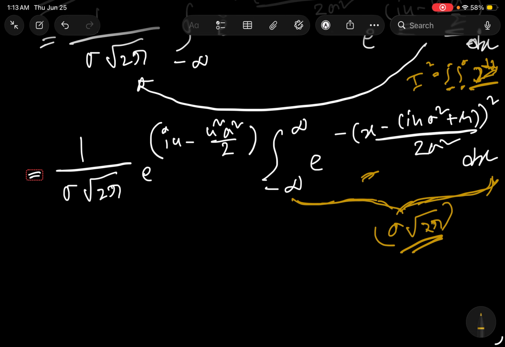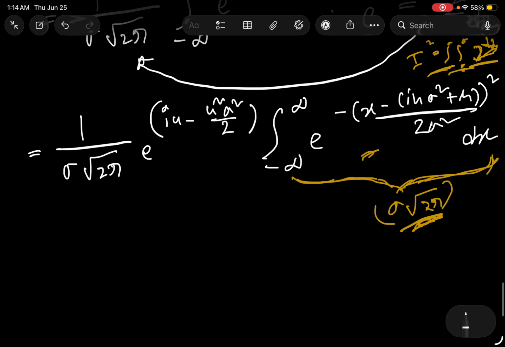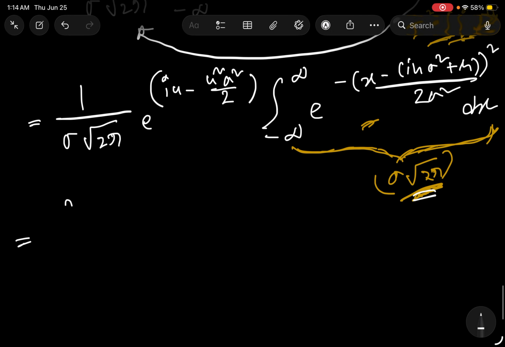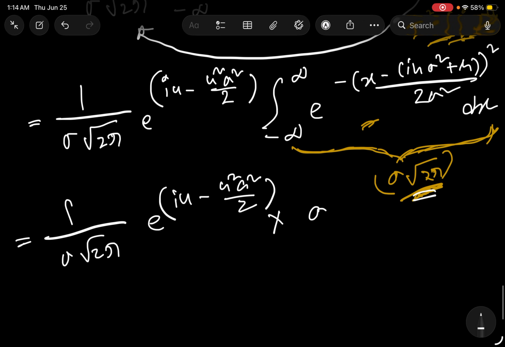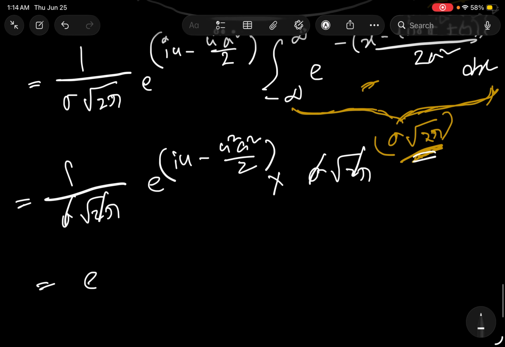We can have a future video where we prove that solving the Gaussian integral simplifies to sigma root 2 pi, because there's no simple antiderivative for Gaussian integration, so we need to do some manipulation. But let's say we understand that this simplifies to sigma root 2 pi. This whole thing becomes e to the power i u mu minus u square sigma square by 2, into root 2 pi, meaning this gets cancelled. So you are left with this, right?